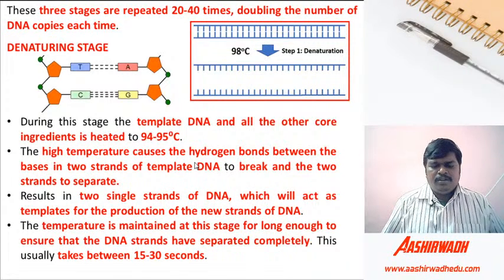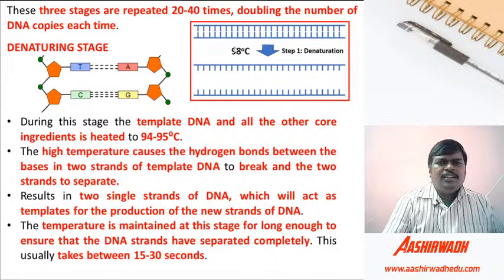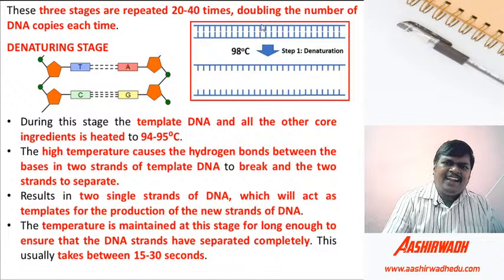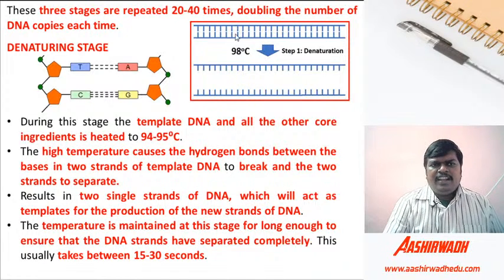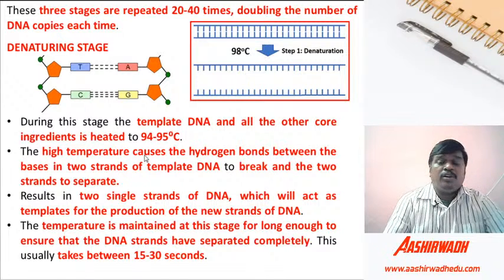The first process, denaturation: the double-stranded DNA is separated into 2 single-stranded structures. For this, the temperature is about 98 degrees Celsius, or around 94 to 95 degrees Celsius.